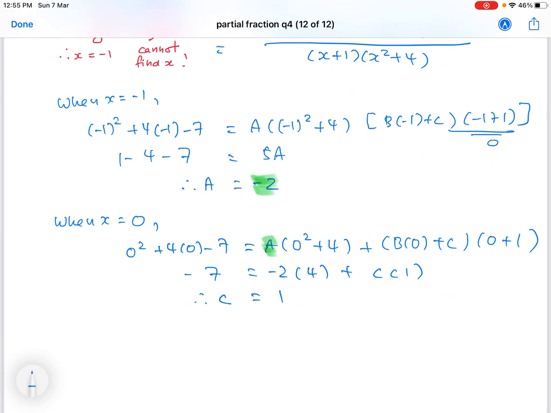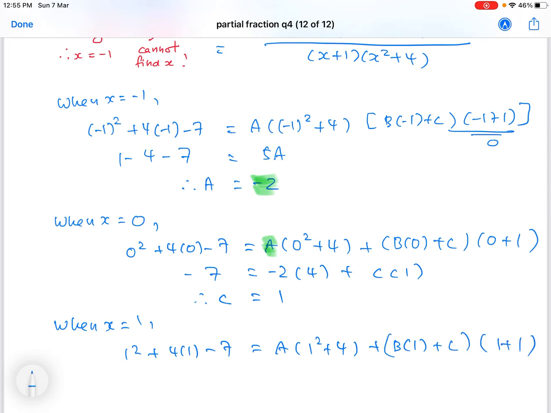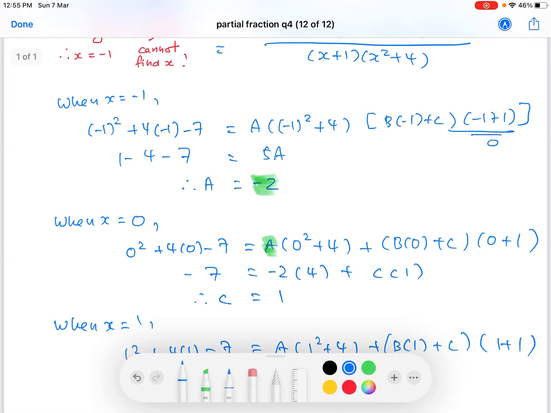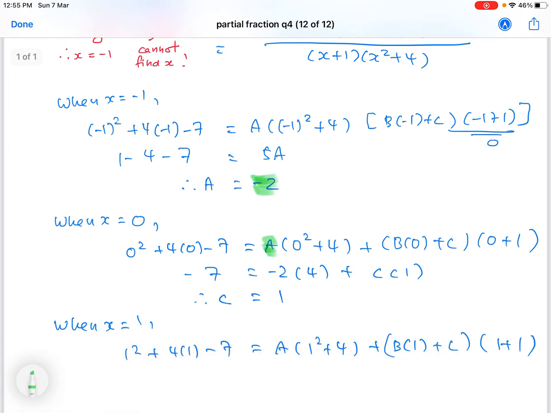Then now we have to find the value of our B. So we will also substitute x by any other value. We let x equal to 1. So we put 1 inside. Same thing: 1 squared plus 4, plus B times 1 plus C, then 1 plus 1. Our A value, again we have found it earlier, so we can put it in.